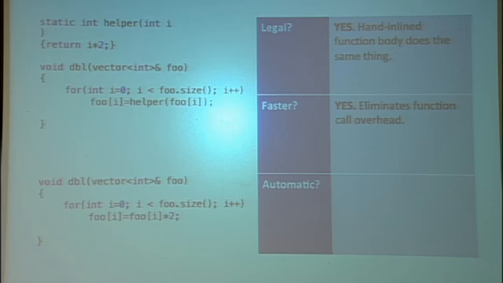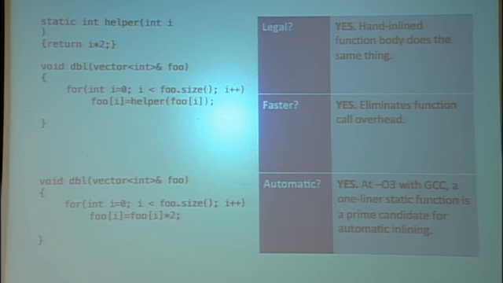Now, the next question is: is this automatic? That was more or less answered, and the answer is yes. At a sufficient optimization level, which is -O3 or -O2 with -finline-functions, the compiler will use a heuristic to determine whether a function is a good candidate for inlining, and for good candidates, it'll do the inlining for you.